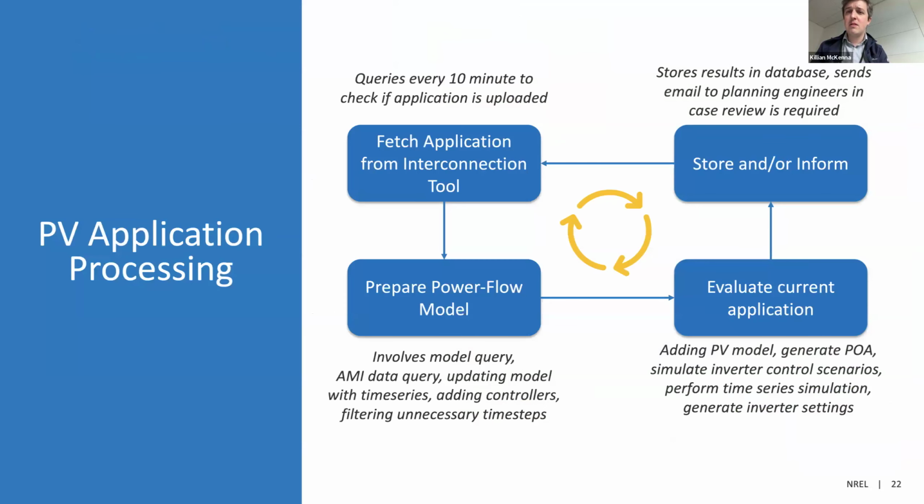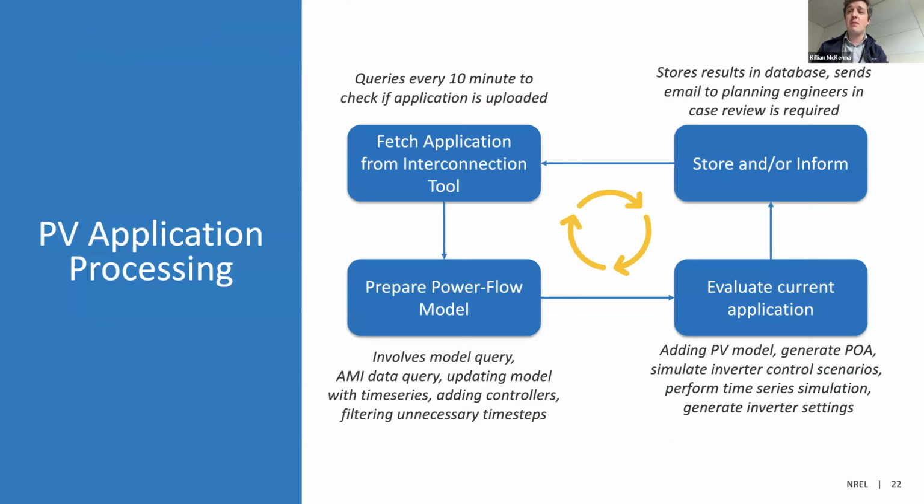Yeah, so in terms of what we have, multiple subroutines that are fetching interconnection applications every 10 minutes, that are storing results for the planning engineers and sending out emails for different automations for when we see that there's an issue. In terms of preparing power flow models, we're refreshing the GIS extract every week.